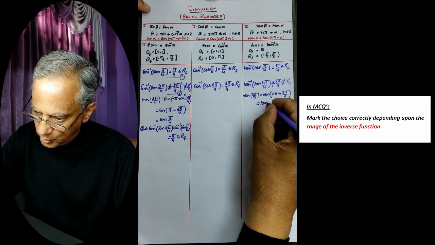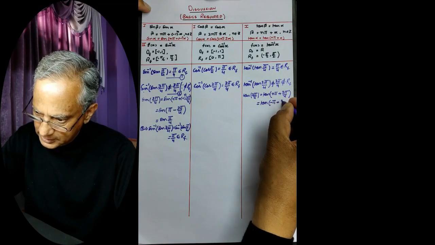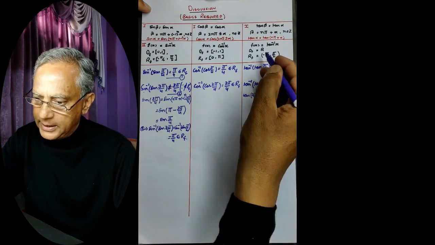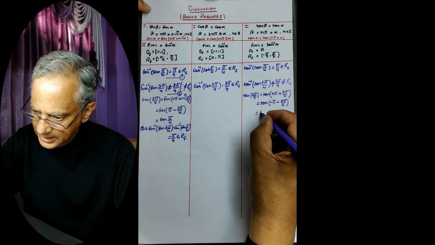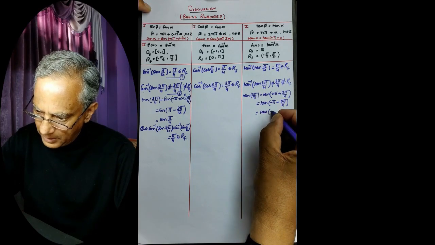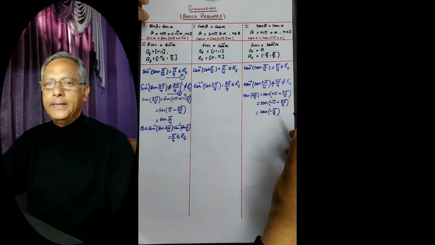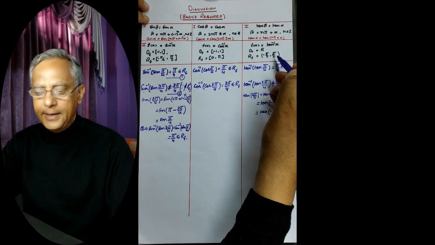So this is equal to tan of minus pi plus 3 pi by 4 because now this is within the range. On simplification this gives tangent of minus pi by 4. Now this is within the range.